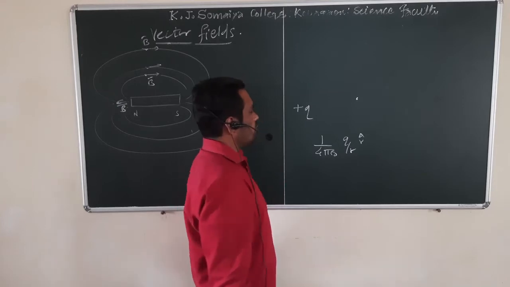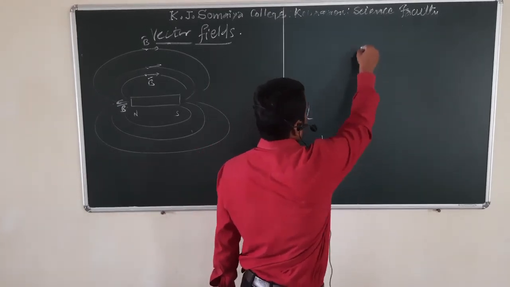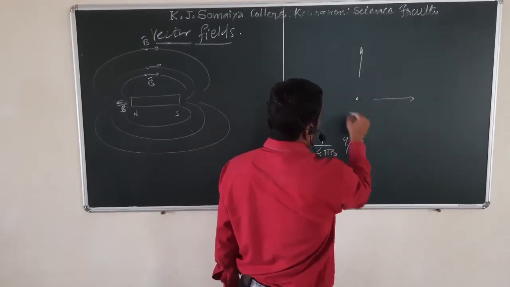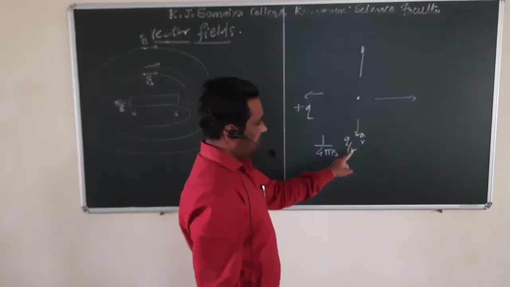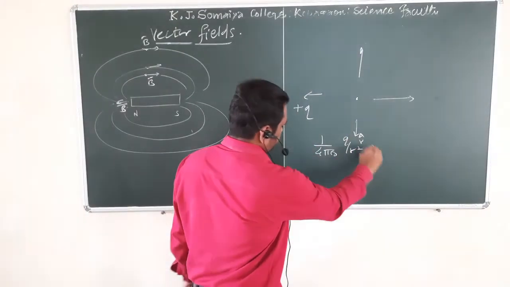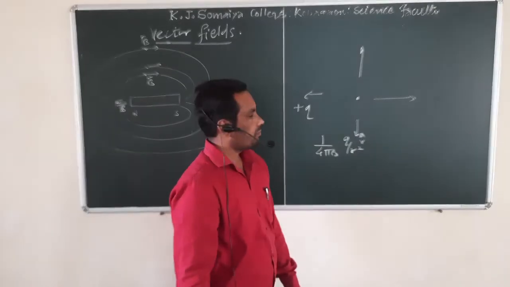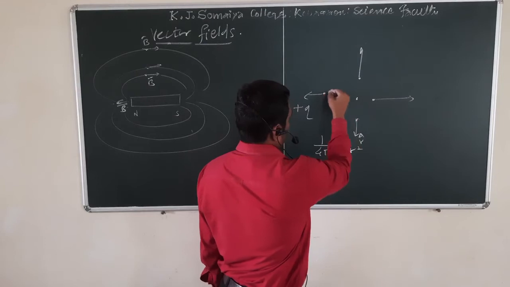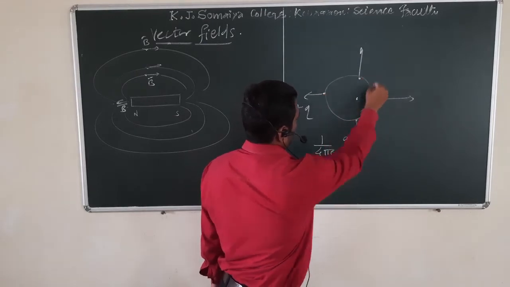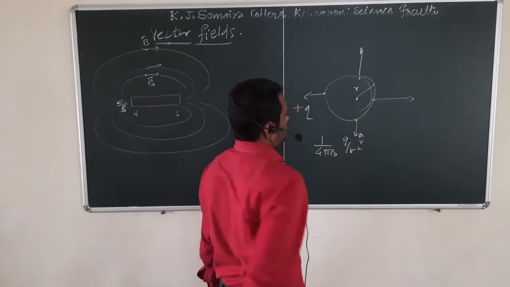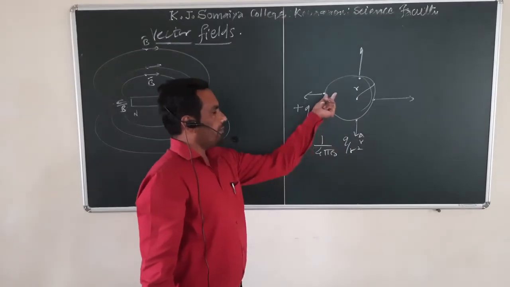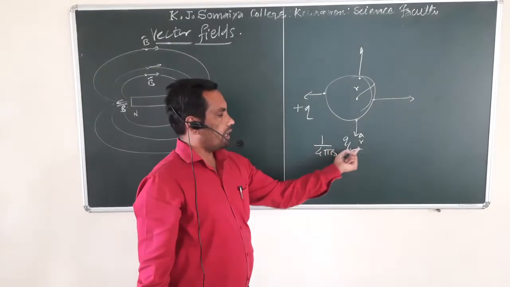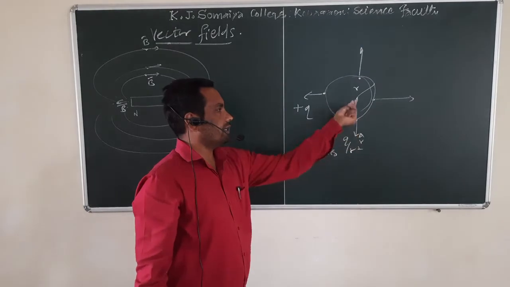Here the electric fields are radially outward. So again, that depends upon r. Suppose you have taken r constant. Then at this point, the physical quantity is q upon r square, r cap, which means it is radially outward.